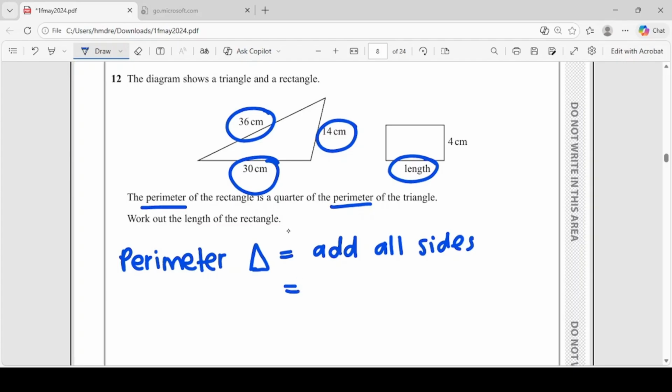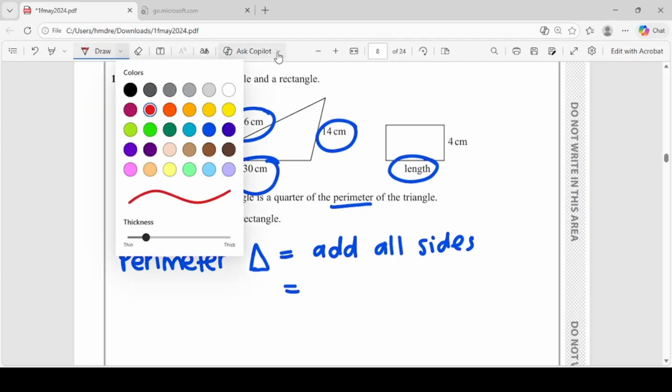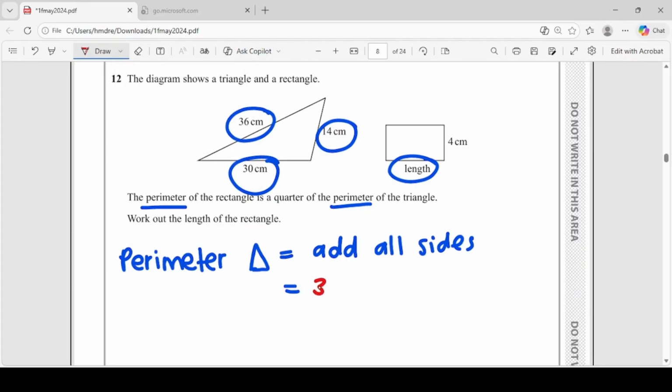Okay, so in this case, our perimeter of our triangle is going to be 36 centimeters, add 30 centimeters, add 14 centimeters. Okay, so 36 add 30, that is going to be 66 centimeters.